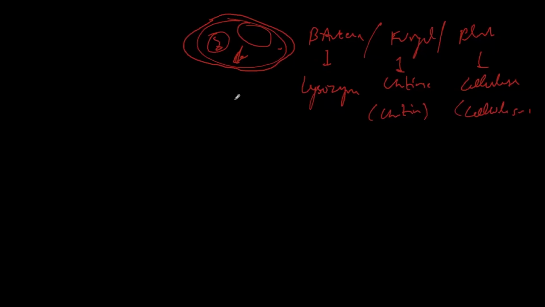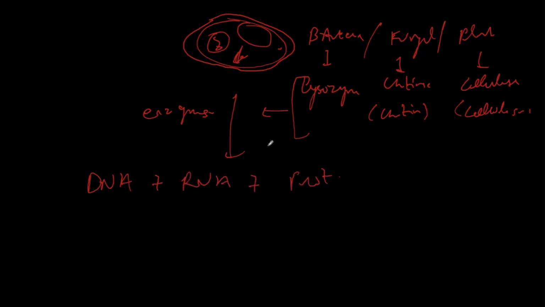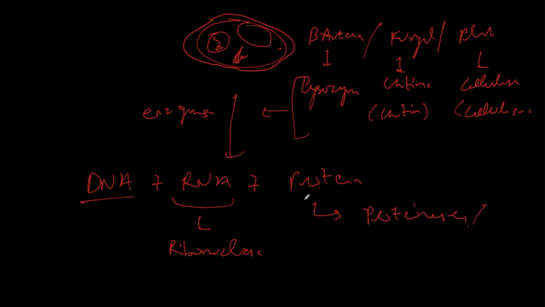After treatment with these, these are the enzymes, right? Always remember these are the enzymes that are helpful in cell wall degradation. Then we'll have everything in the media, like everything in the bucket: DNA, RNA, and protein. Since we desire DNA, we'll remove the RNA by treating it with ribonuclease, and protein with proteinases or proteases.